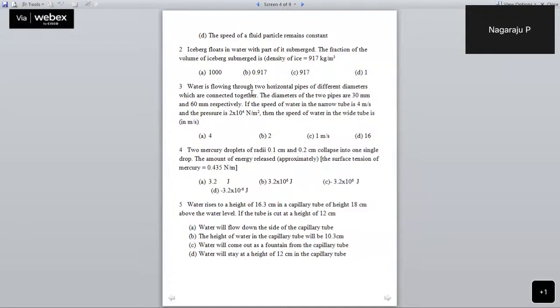Further, pi cancels. You have V2 is equal to (R1 by R2) square times V1. Already it is given, 30 mm and 60 mm. You can just write 30 by 60 becomes 1 by 2. So you can write 1 by 2 whole square, which is nothing but 1 by 4, and into 4 is nothing but 1. Therefore, the answer is 1 meter per second. The third option is the correct option.